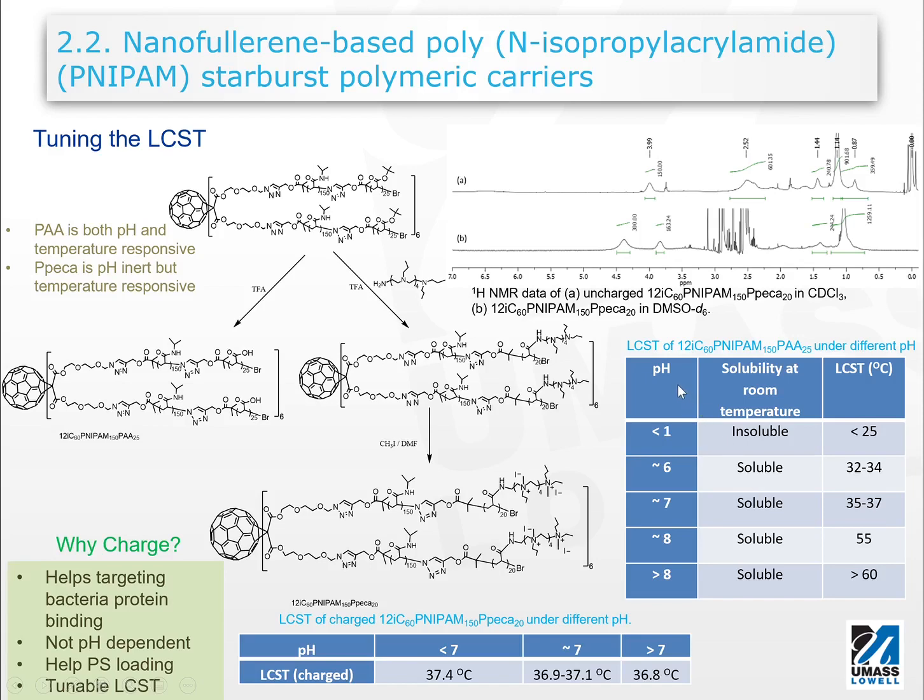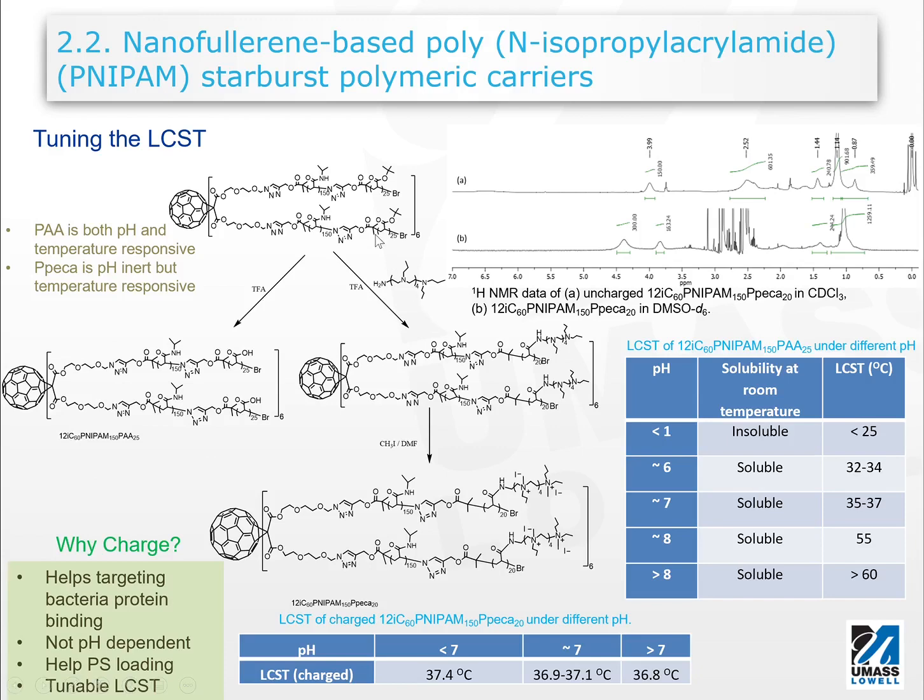Even with two variable factors, this type of molecule may still have some potential applications in some specific area of the human body, such as female womb, because in female womb they have different temperature and a different pH value. So this type of molecule still has potential as a drug carrier.